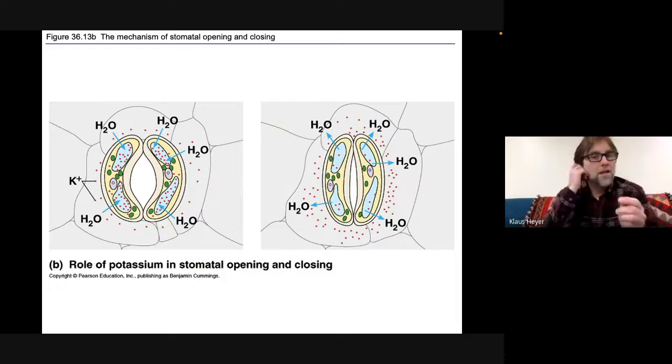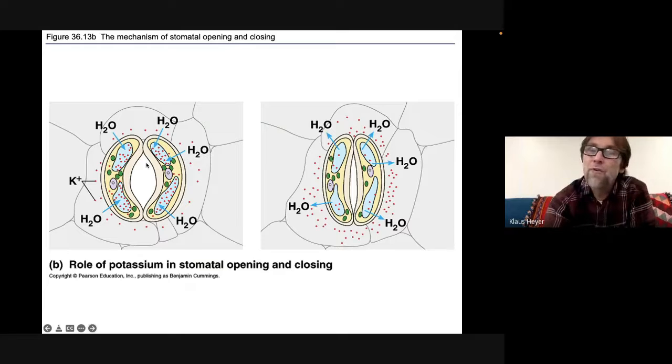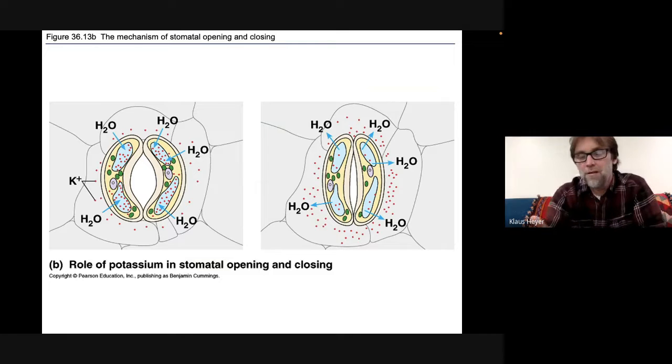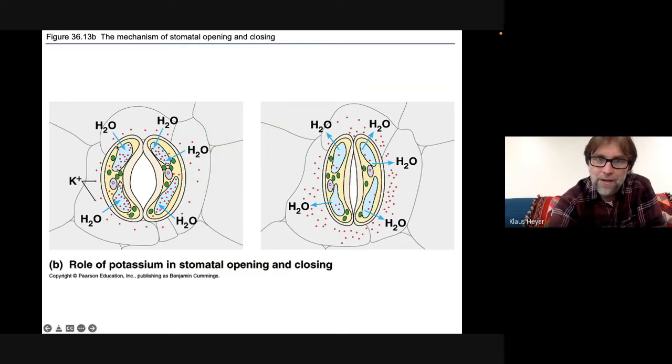So what the plant will do is force potassium into the vacuole. So you're making the vacuole hypertonic or hypotonic, one of those two. What's this vacuole right now? Hyper. Hyper. And then this area in the cell's hypo.